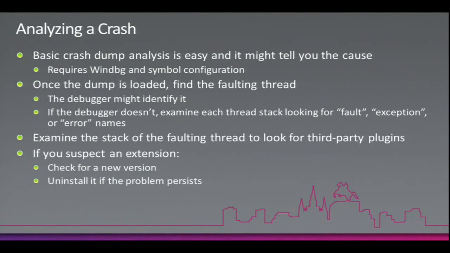Actually, I'll show you that on the live dump from somebody. But what you want to first do is see if the debugger will tell you what the problem is, and show you about the thread that actually tripped and caused the exception that made the process crash. You want to look at its stack, because it's most likely to have the third-party DLL, if it's responsible for the crash, there in its stack.